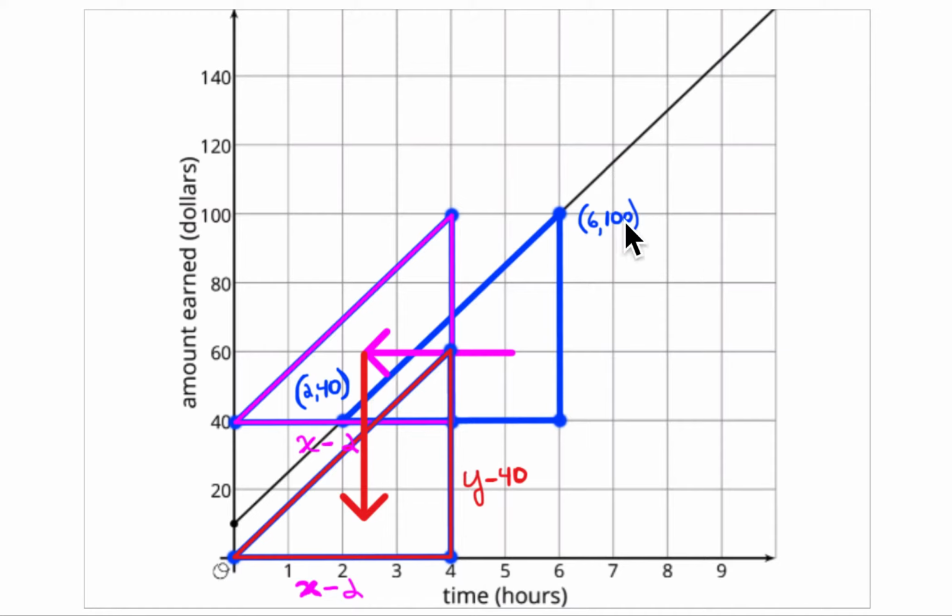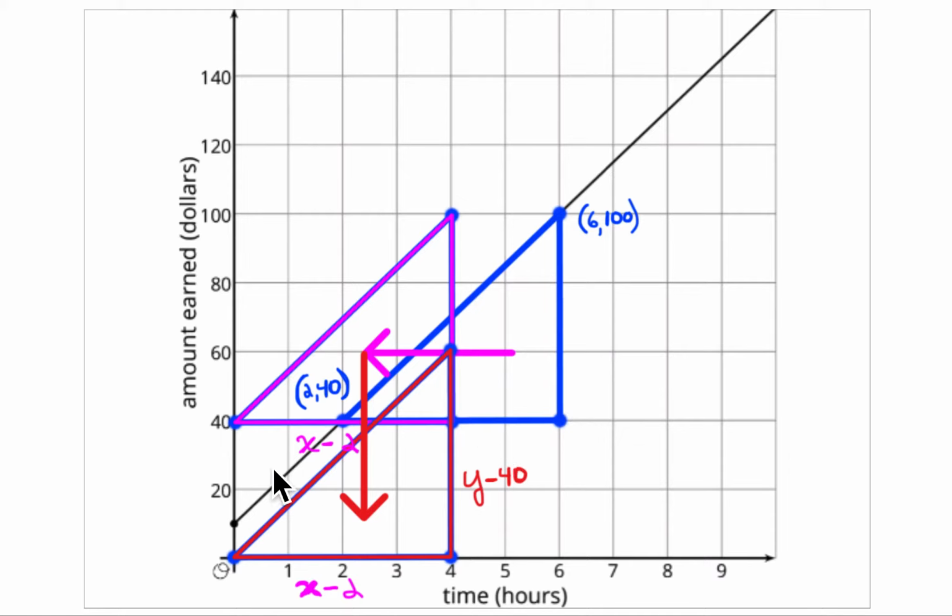So if you take this 100 and you subtract 40, call the 100 y, that is y minus 40. So it's sliding this down, so y minus 40. So the number of units in the vertical direction is y minus 40, because you have to take this 40 units away. You're left with this. That's its length. That's the number of units along the slope triangle.